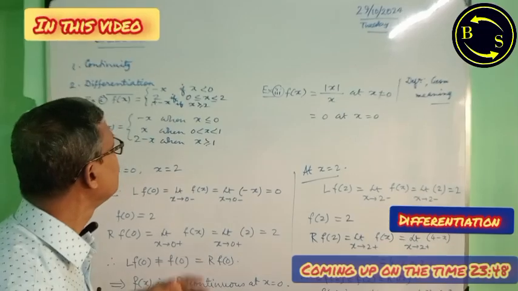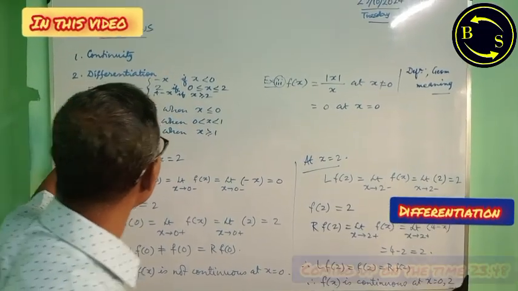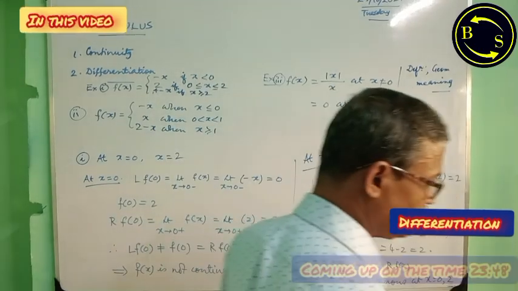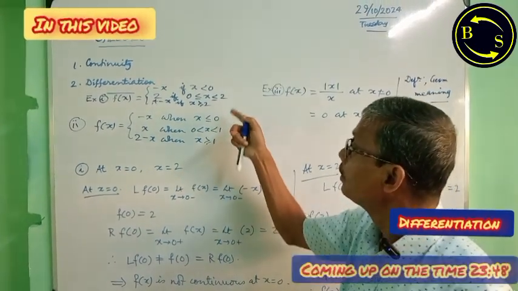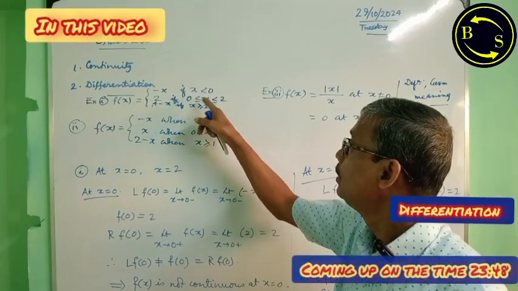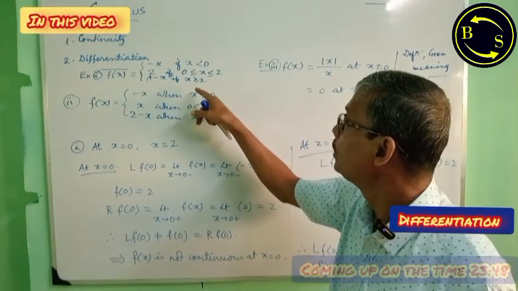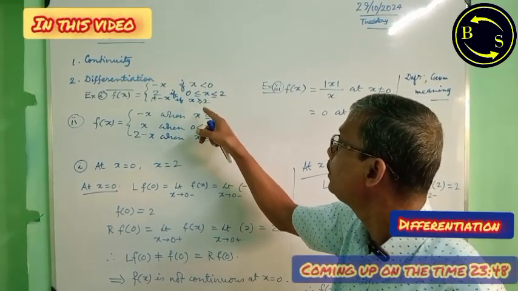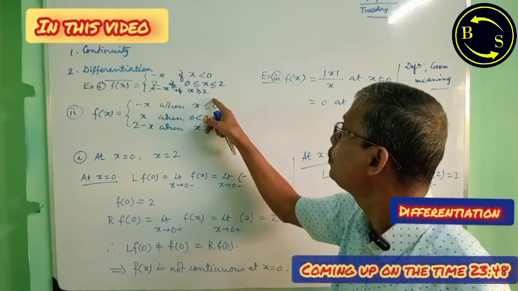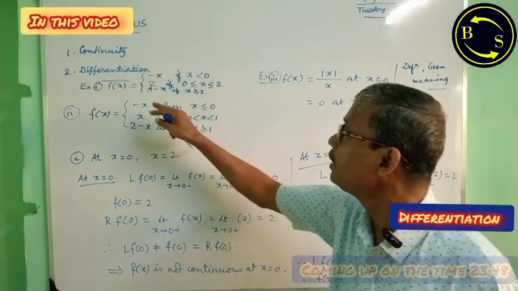Now another thing, we find that the function f(x) is a polynomial function within the interval. If we combine these three, then x is lying in between 0 and 2 as well as less than 0 and greater than 2. Everywhere f(x) is continuous.